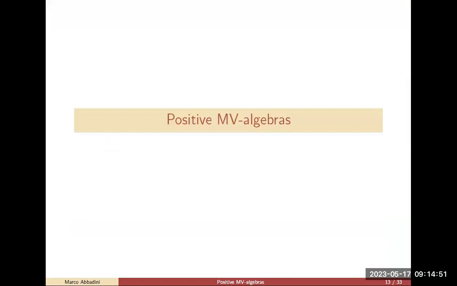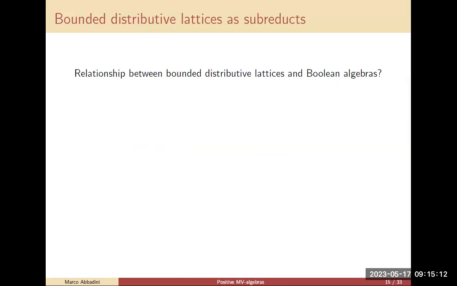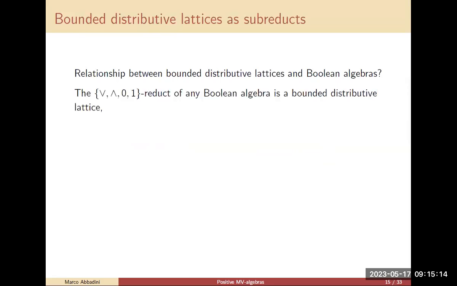Okay, that's about MV-algebras. Let's see positive MV-algebras. Now, as I said before, positive MV-algebras are meant to be to MV-algebras what bounded distributive lattices are to Boolean algebras. Now, what is the relationship between bounded distributive lattices and Boolean algebras? Well, if I take a Boolean algebra and I take a reduct with respect to join, meet, 0 and 1, I get a bounded distributive lattice.